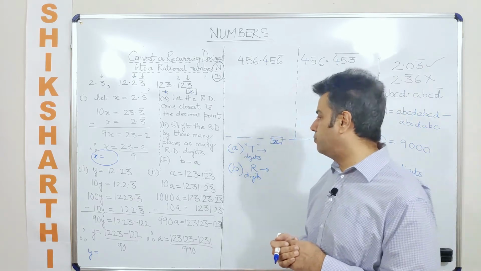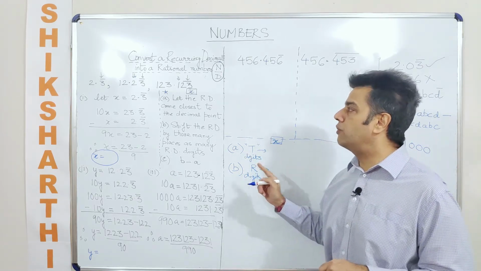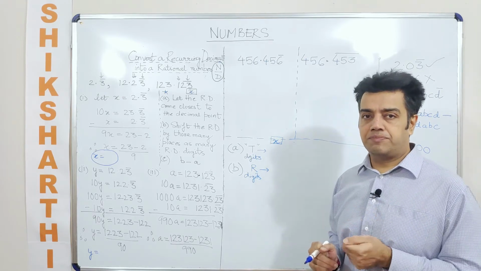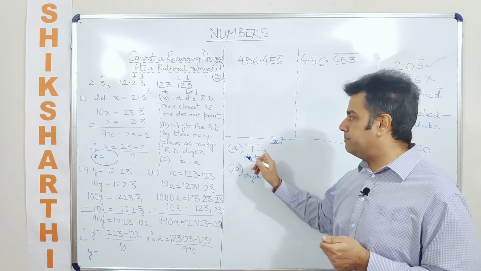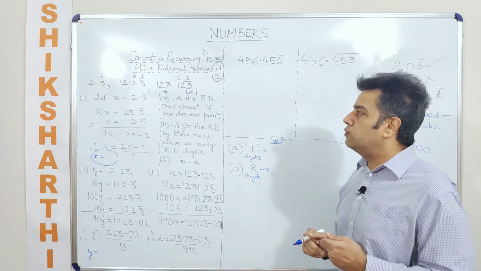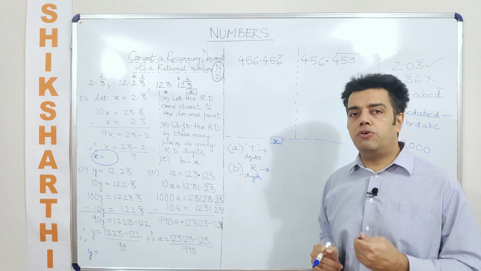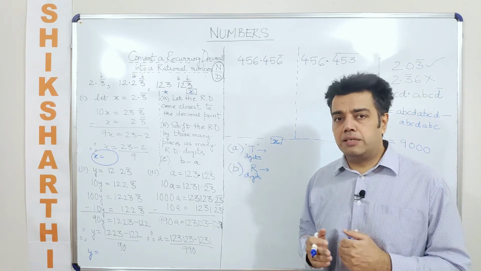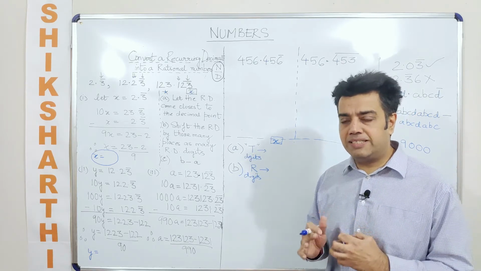You are first supposed to count the number of terminating decimal digits. I repeat, the first step says you will count the number of terminating decimal digits.